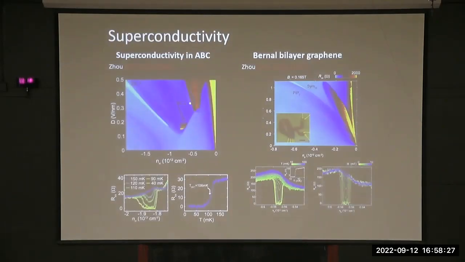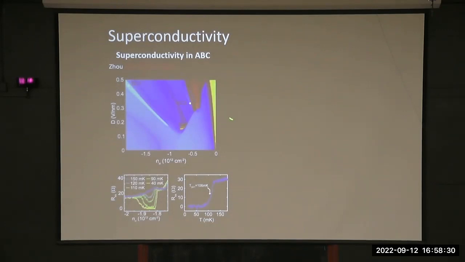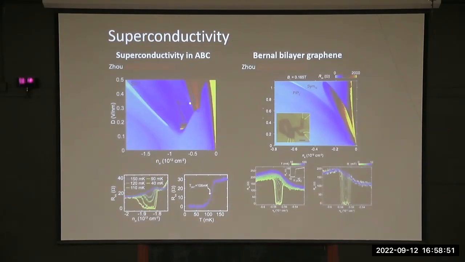Something that I won't be able to talk about in this talk, but I will mention, is that all of these magnetic states are also associated with superconductivity, right? So along the borders of many of these magnetic transitions, there's actually a whole variety of superconductors that arise, singlet and also spin triplet. In rhombohedral trilayer graphene, and also more recently in absolutely conventional Bernal bilayer graphene, a system that has been studied 10,000 times, it turns out it also superconducts for sufficiently low temperatures, and unexpectedly only with the application of a large in-plane magnetic field.